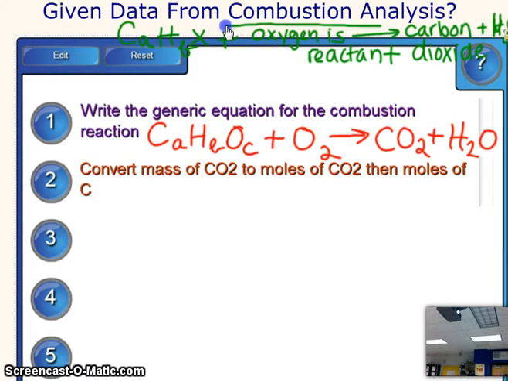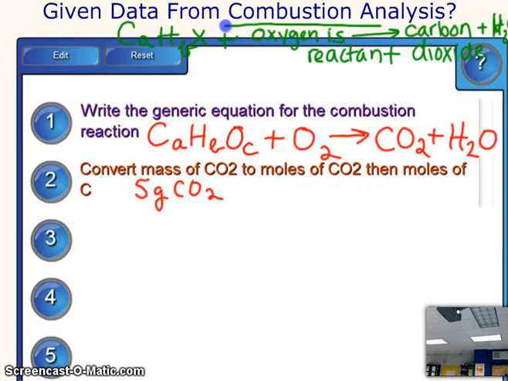They're going to give you the mass of carbon dioxide. So you're going to convert that to moles of carbon dioxide and then moles of carbon. So given the grams of carbon dioxide, let's say we had 5 grams of CO2. Just making that up. They'll tell you what you have. A lot of times they give it to you in milligrams.